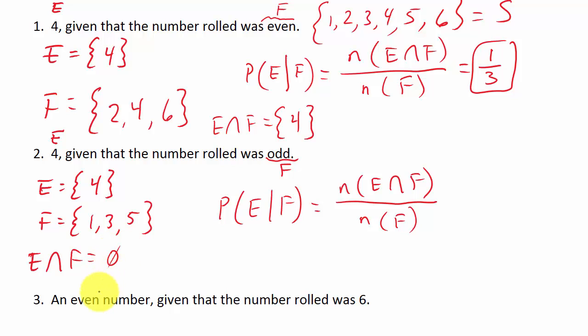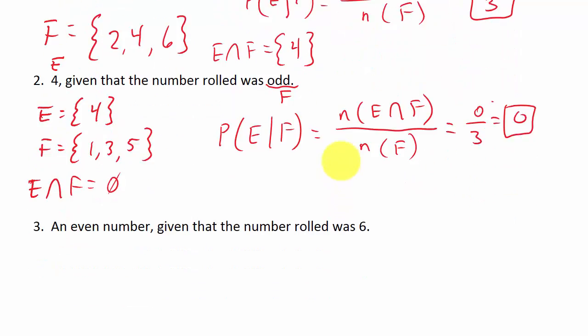So the probability would be the number of elements in this, which is 0, over 1, 2, 3, the number of elements in F. And so this would be 0. Which makes sense. It's telling us that the number rolled was odd, and they want to know the probability it was 4. Well, if it was an odd number, there's no way it could be a 4.